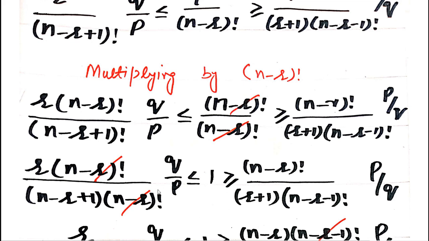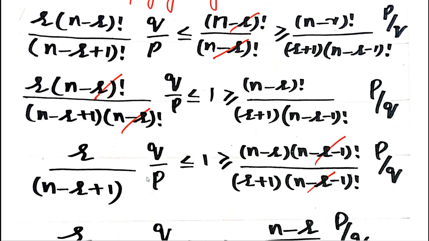So cancel this (n minus r) factorial with this (n minus r) factorial. We have remaining here r over (n minus r plus 1) times q over p greater than or equal to 1. Here (n minus r minus 1) factorial. We expand it by one term, so decrease it by 1.